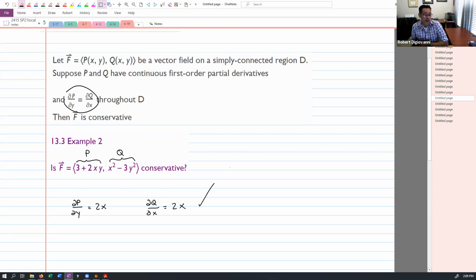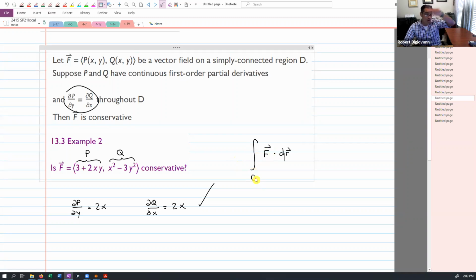So that means that if I were to be asked to find the line integral along that vector field, if I were being asked to find the work along that vector field, here's what I can tell you. I can tell you that if the curve is closed, which means it starts and ends at the same point, the answer is going to be what? 0, right?